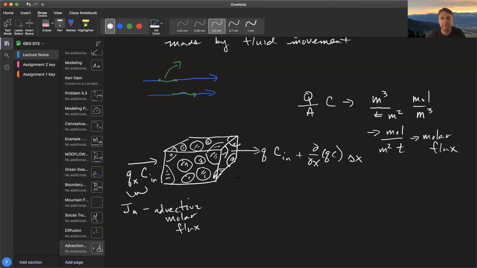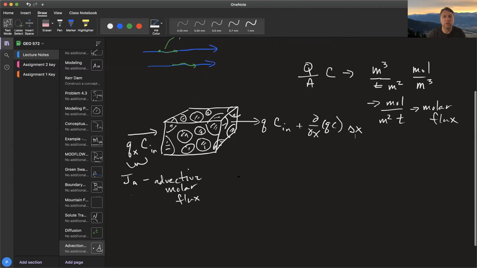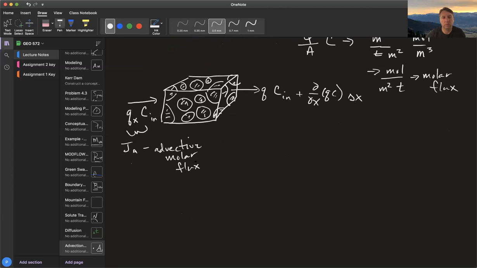So remember, this here is the molar flux in, and this here is the molar flux out.